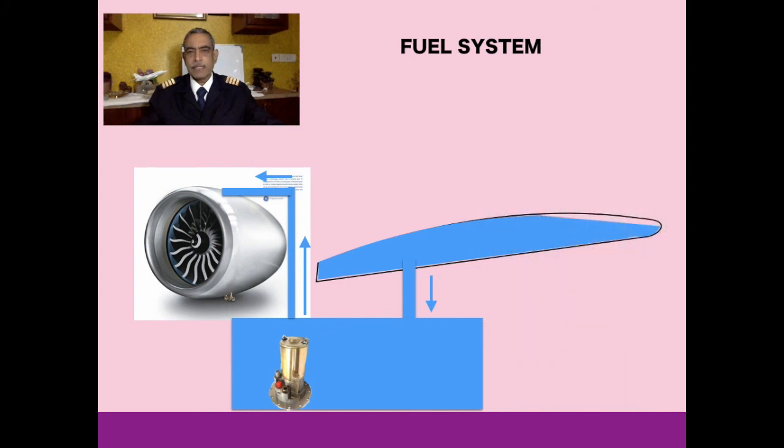That's how it happens. The fuel from the wings is collected in a central tank, normally called the collector tank or a central tank. Thereafter, it is pumped under pressure to both the engines.